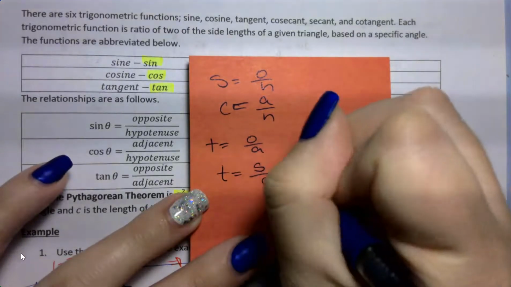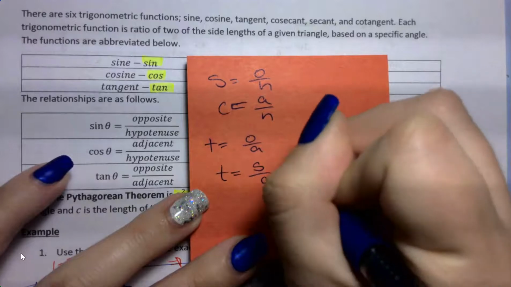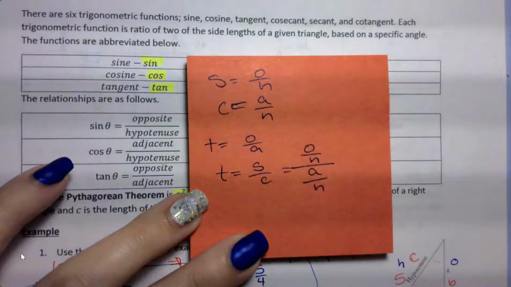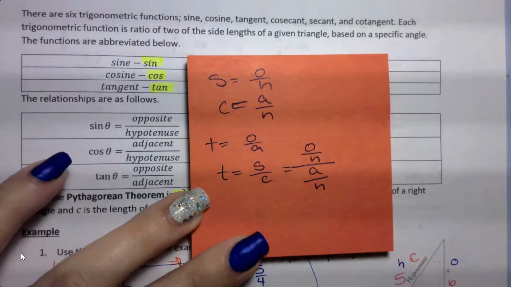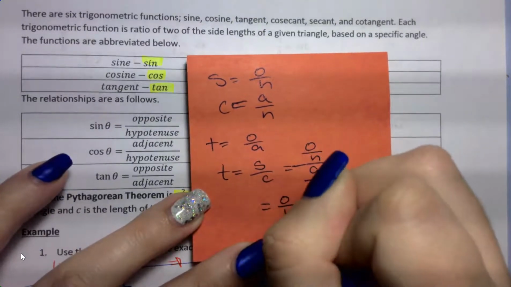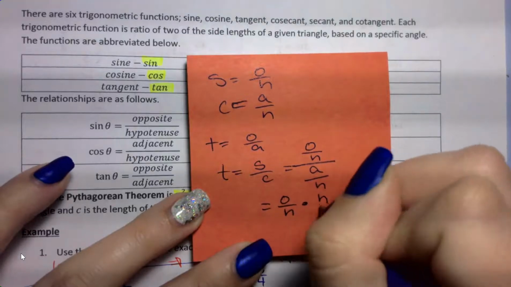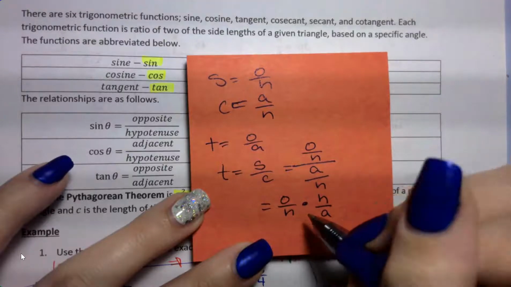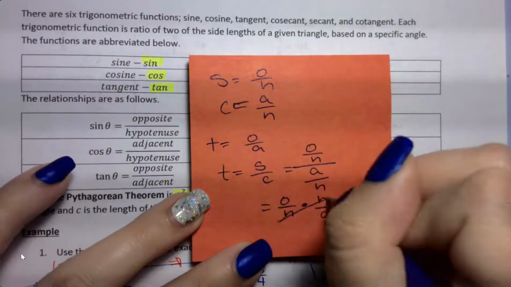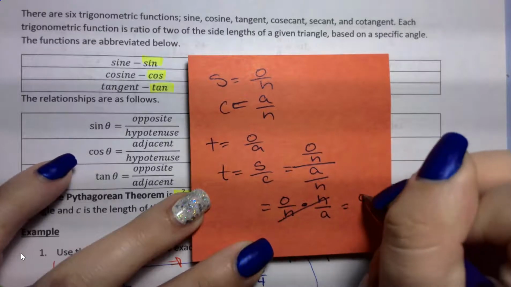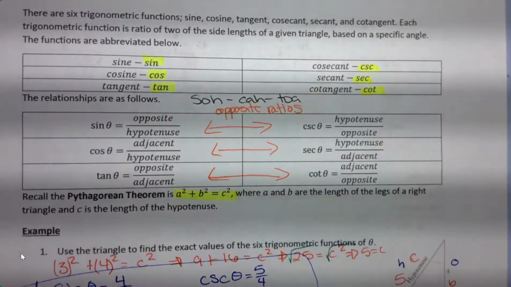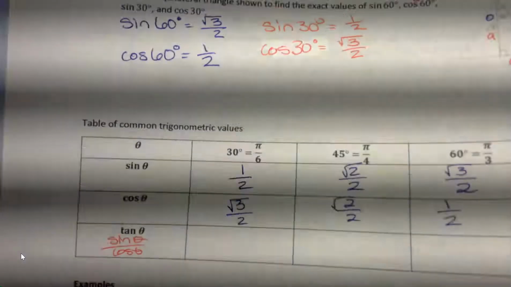If I rewrote that, I really have opposite over hypotenuse being divided by adjacent over hypotenuse. Remember, when I have a fraction divided by a fraction, I can rewrite this as the first fraction multiplying by the reciprocal of the second, which has an h on the top and bottom. So those hypotenuses cancel out, and I'm left with opposite over adjacent. So that is why I can divide sine and cosine to get my tangent values.